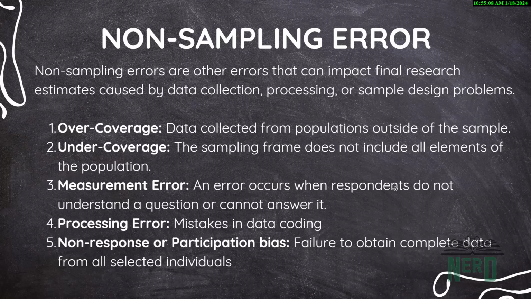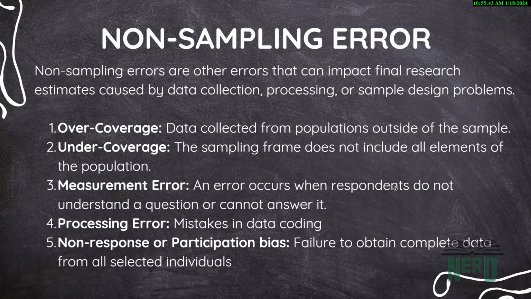Like asking someone to smile but they frown because they misunderstood. In surveys, it's when people don't get the question. Next, we have processing error, which is a kind of mistake in data coding, right? This is like messing up while editing the photo. In surveys, it's about errors in handling the data, right?